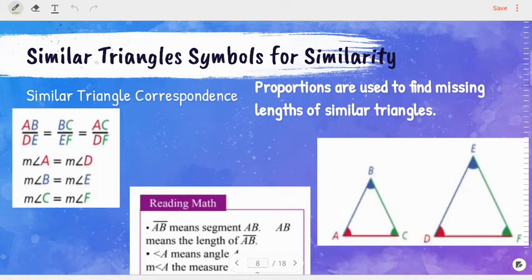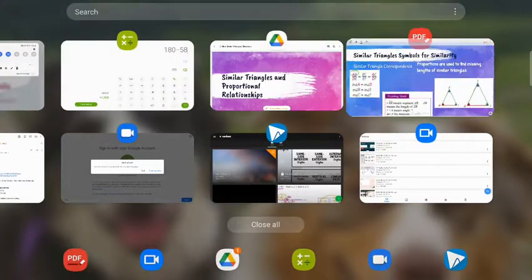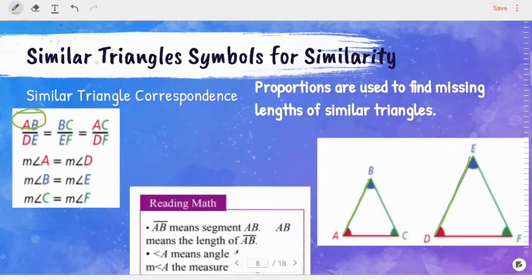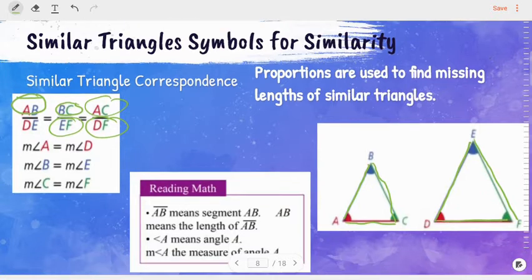So as I look at this, if I were to look at a couple of fractions, AB over DE, that matching side on my second triangle, should be proportional to, I go back to the first triangle, BC, and its matching spot on the second triangle, EF. Okay, AC, go back to the first triangle, what's the matching side on the last triangle, DF. So those side lengths are proportional.